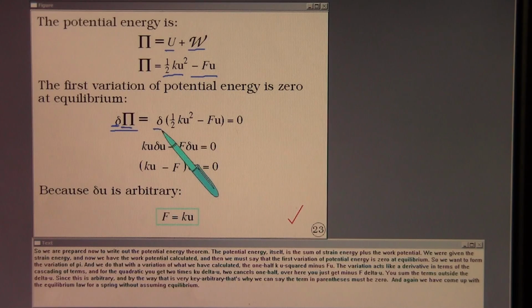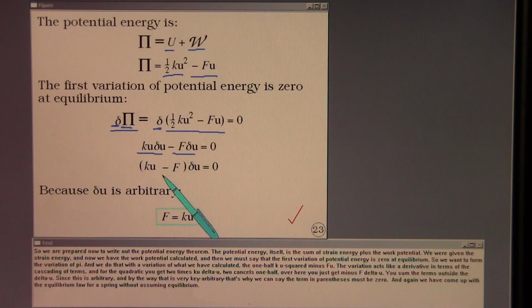And we do that with a variation of what we have calculated, the 1/2 ku squared minus fu. The variation acts like a derivative in terms of the cascading of terms. And for the quadratic, you get 2 times ku delta u. 2 cancels 1/2. Over here, you just get minus f delta u.